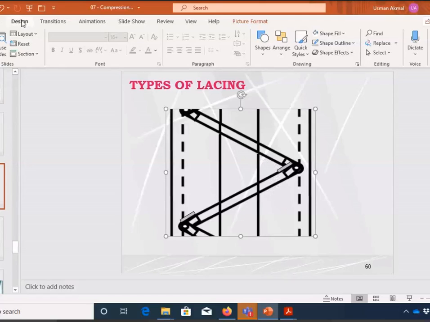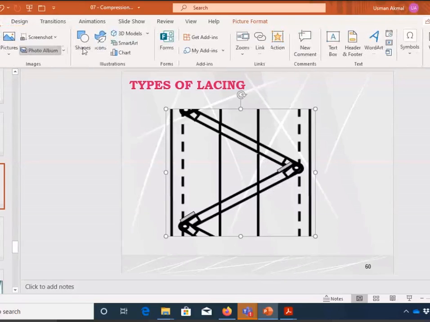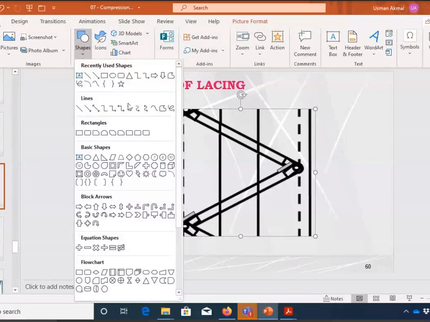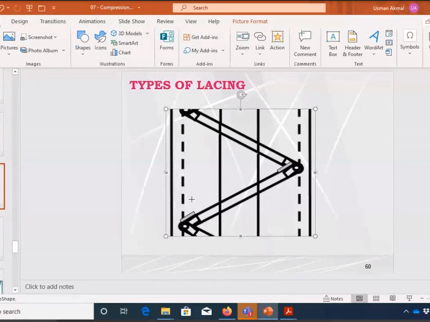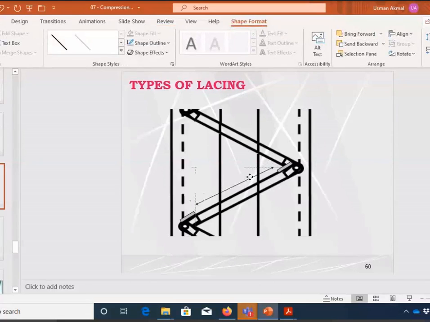In that case, the A value will be the clear distance from this edge to this edge.